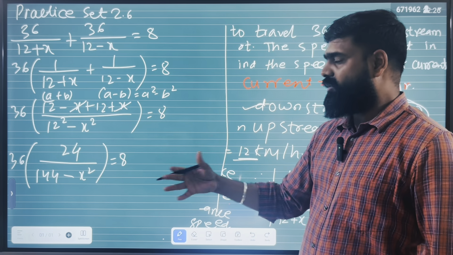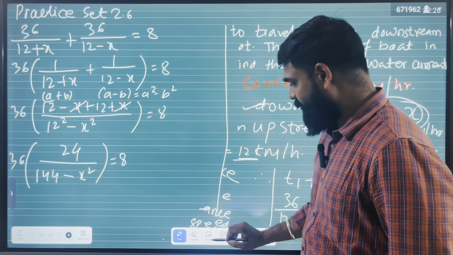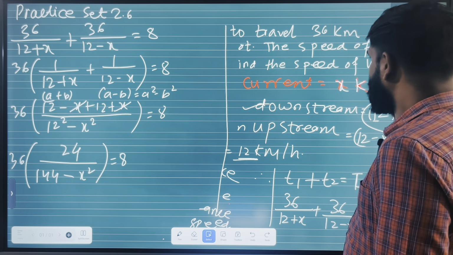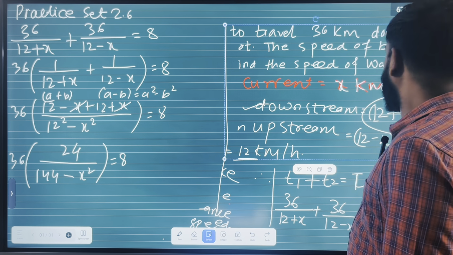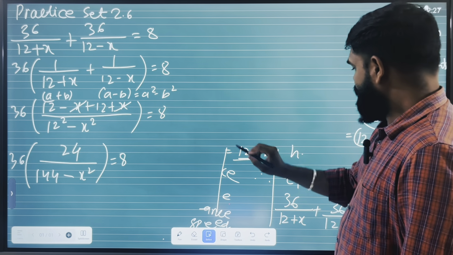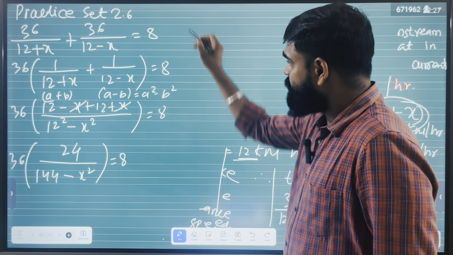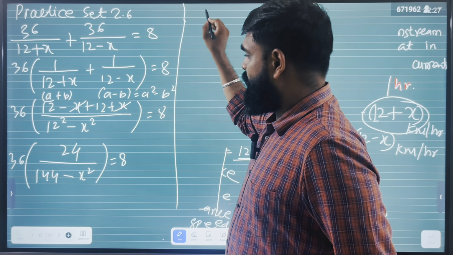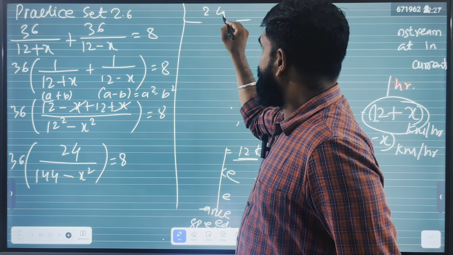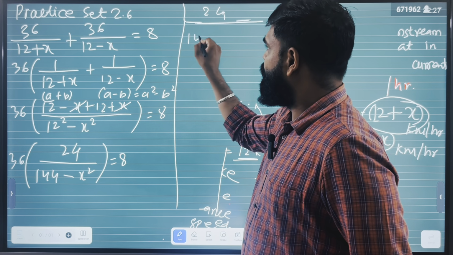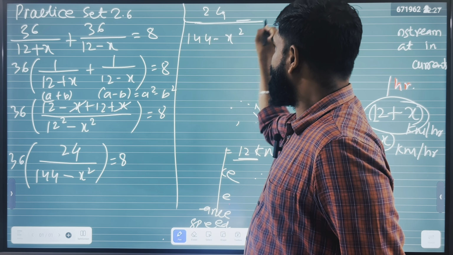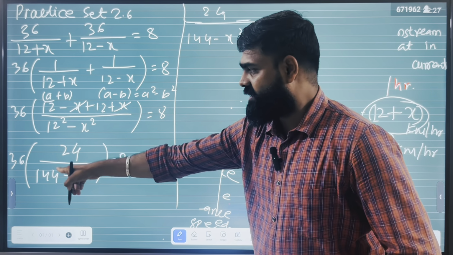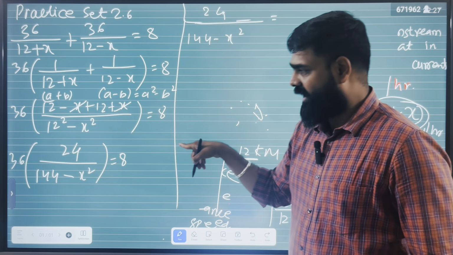Now we have to simplify this equation more to get a simplified quadratic equation. So how to get that? This 24 by 144 minus x square is equal to 8 by 36, taking the 36 to the right hand side.